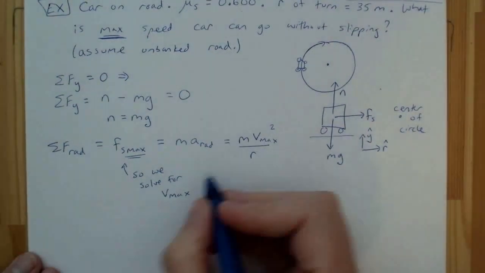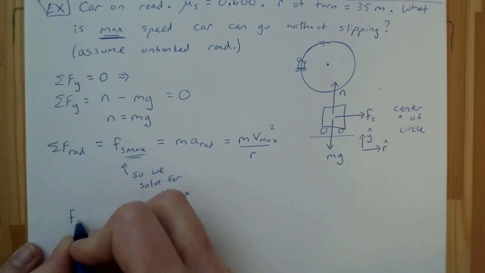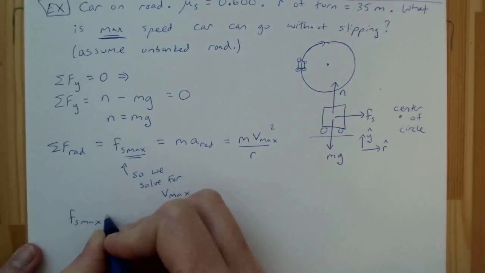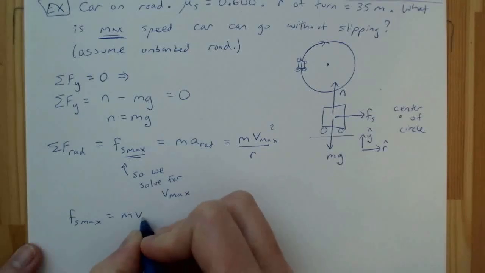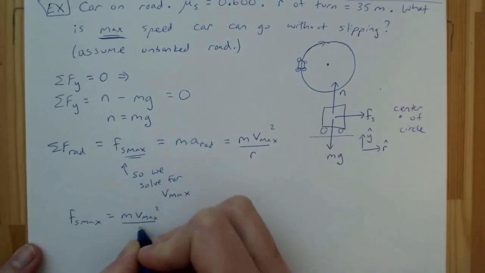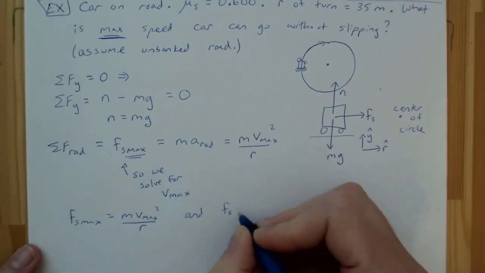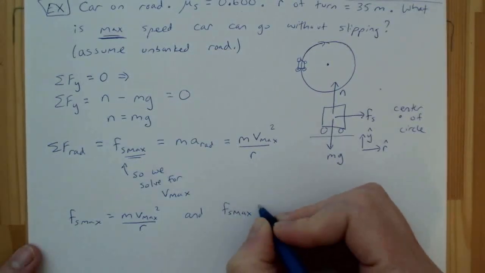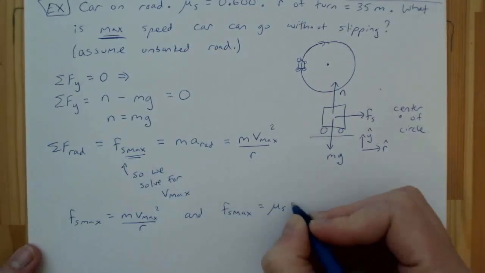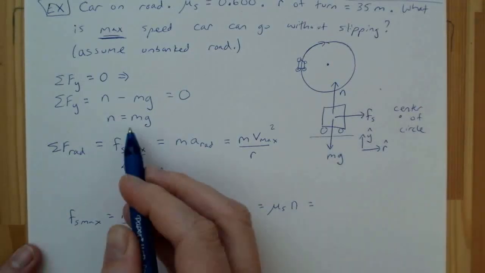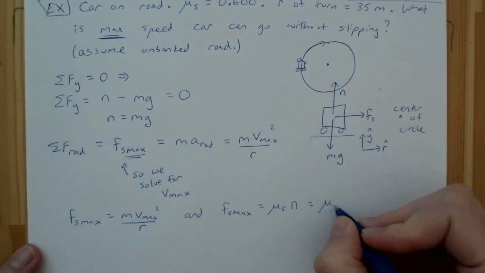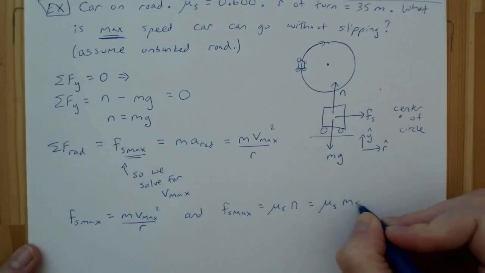So now I can just go ahead and solve this. I can say F sub s max equals m V max squared over r, and we know that F sub s max is equal to mu sub s n. We've already solved for n, so that's going to be mu sub s times mg.